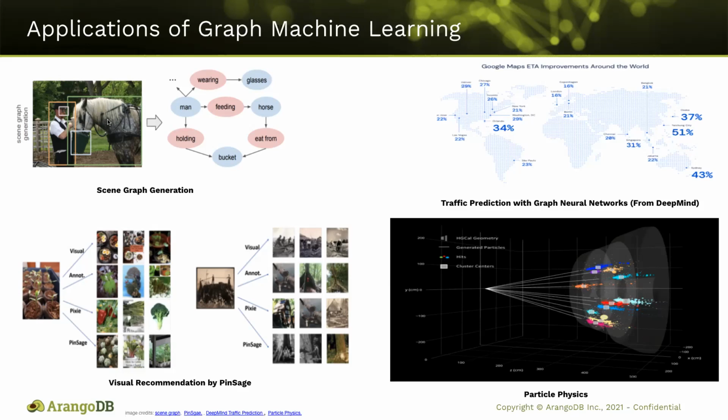For example, in this image, the object detection models will basically understand the scene by just detecting two objects in it, which will be horse and man.